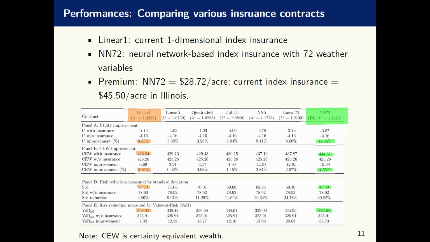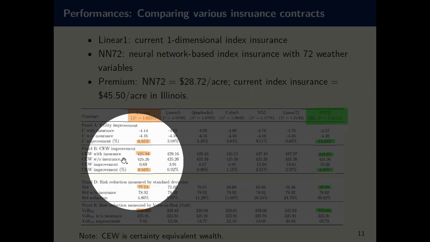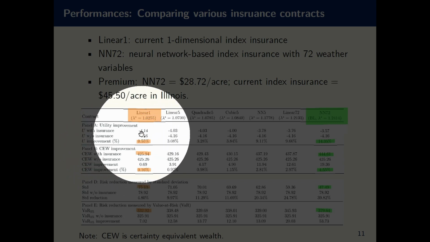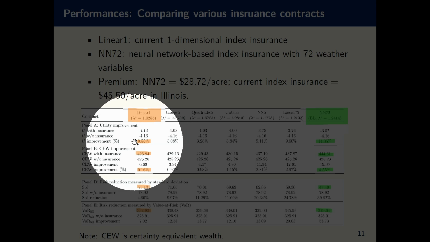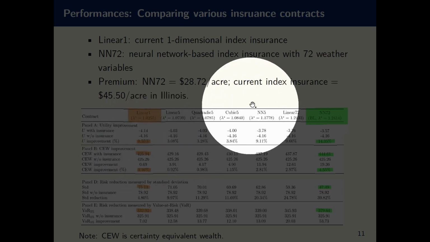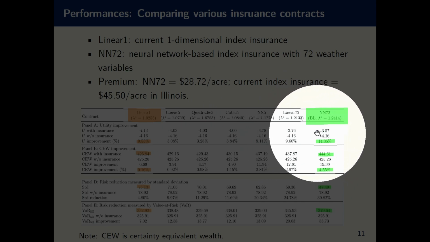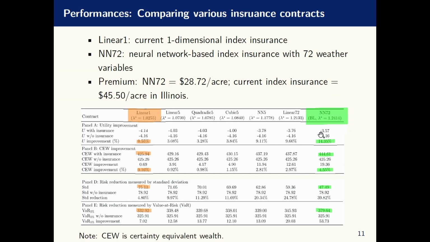Here we compare lots of statistics. In panel A, we look at utility improvement for farmers. In the first column, you see the linear contract improves very little, 0.5%. But our contract improves farmers' utility by almost 14%.